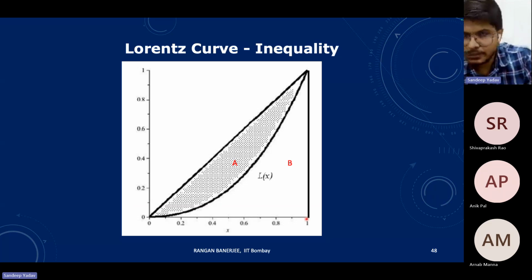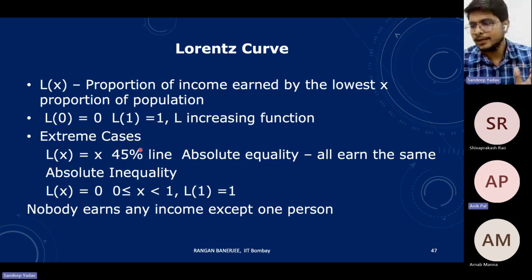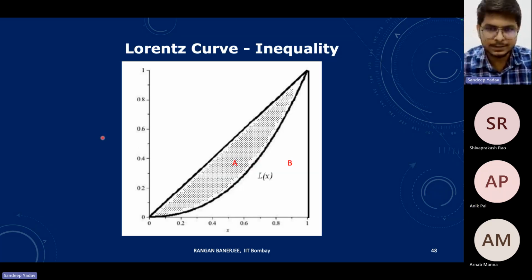That means when L is equal to 0, there is no income possessed by no population, that will be L0 equal to 0, and L1 equal to 1 is the case when this graph is this single line, where all the income is possessed by only one person.